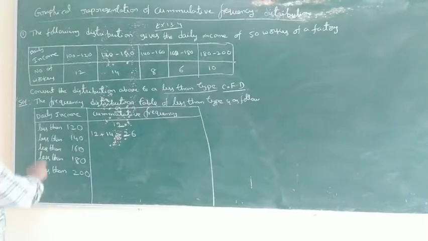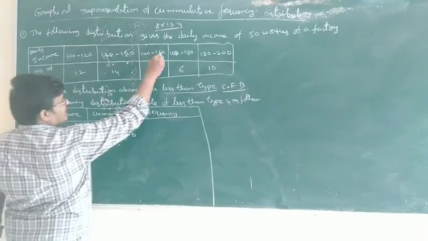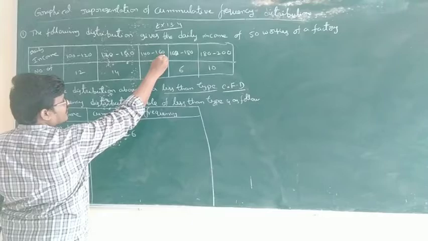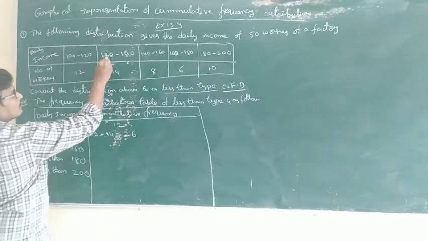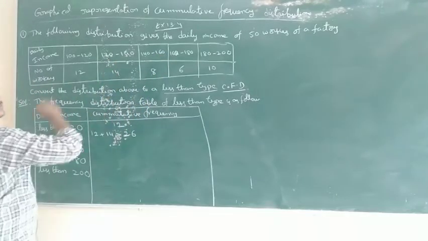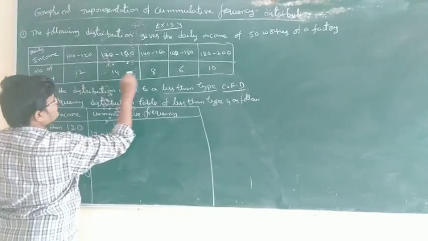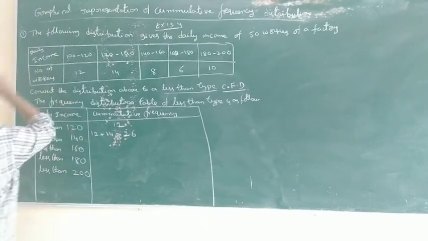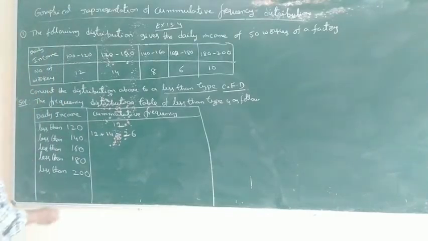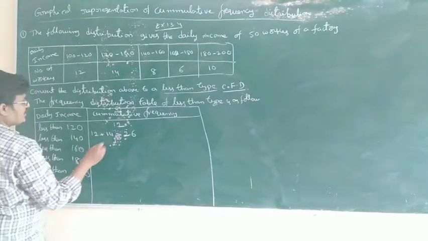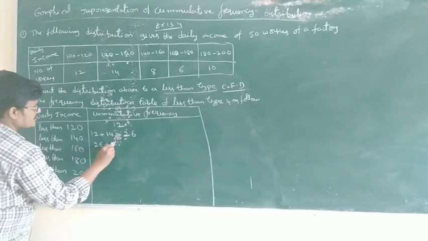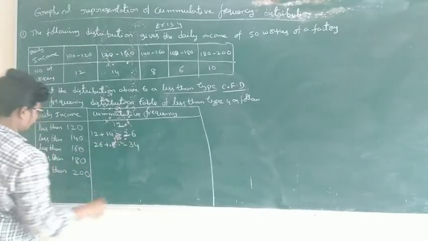Next, less than 160. Less than 160 includes 140 to 160, 120 to 140 and 100 to 120, all three. So 26 plus 8 is equal to 34.